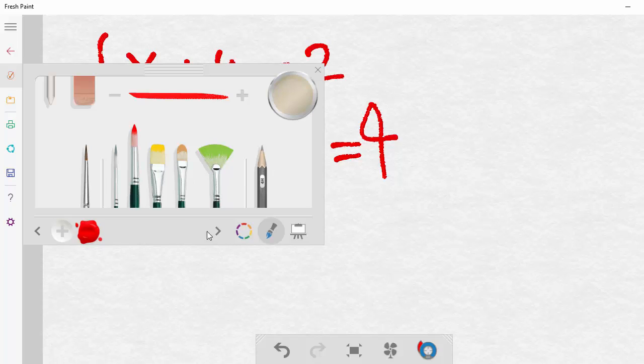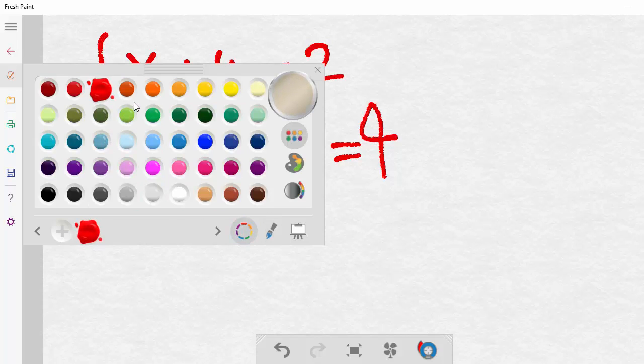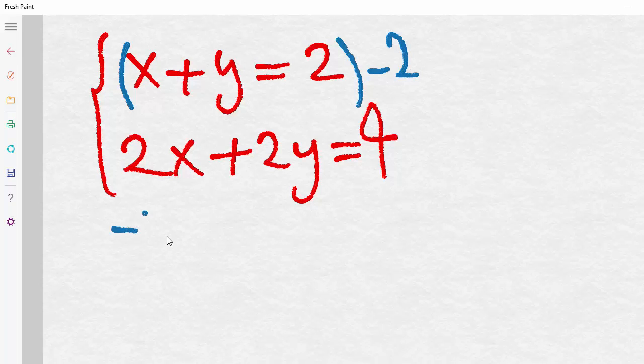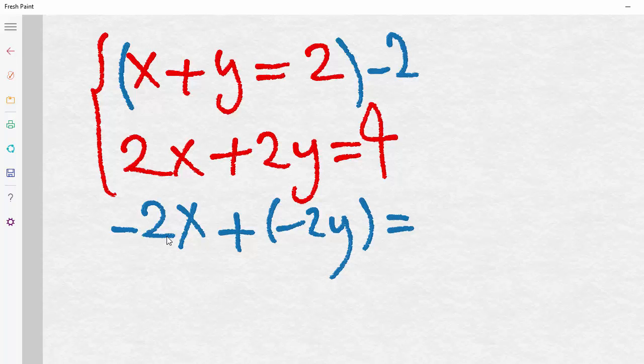I will multiply the first function by a negative 2 to get rid of x, to eliminate x. If you multiply the first function by negative 2, you will get negative 2 times x is negative 2x, plus negative 2 times y is negative 2y, equals negative 2 times 2, which is negative 4.